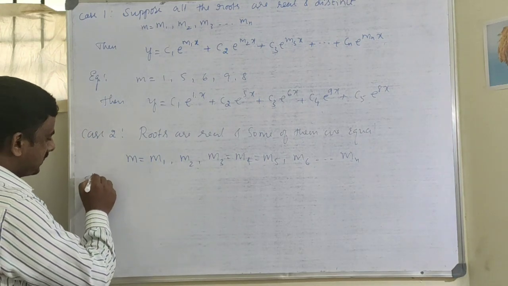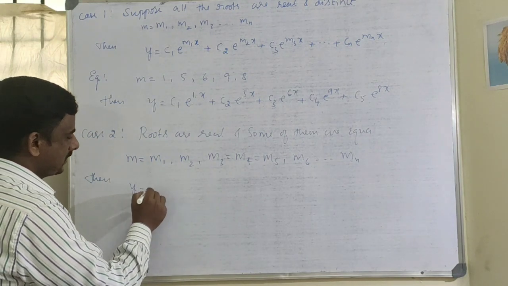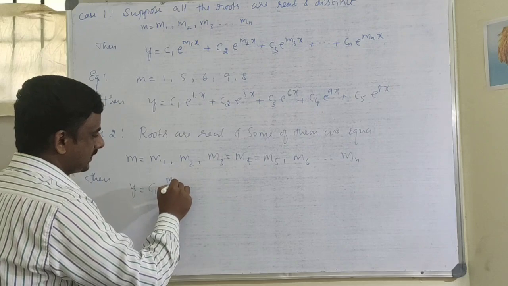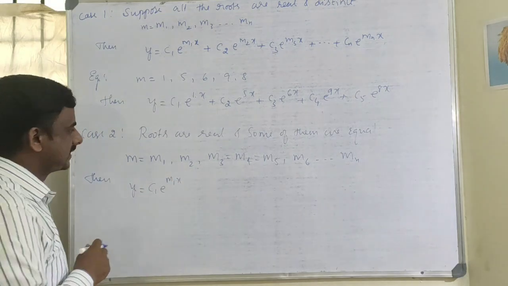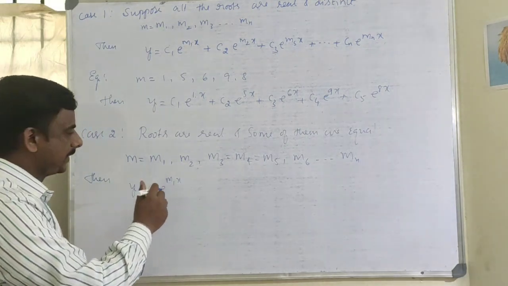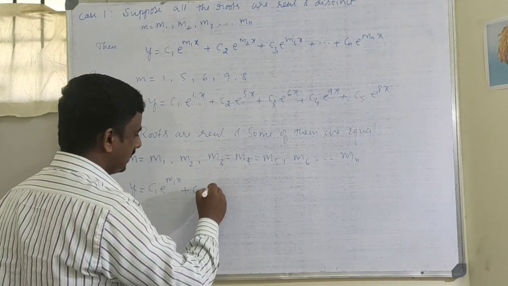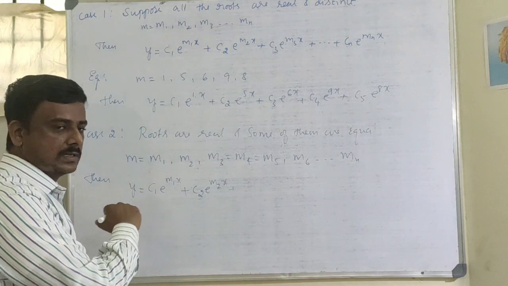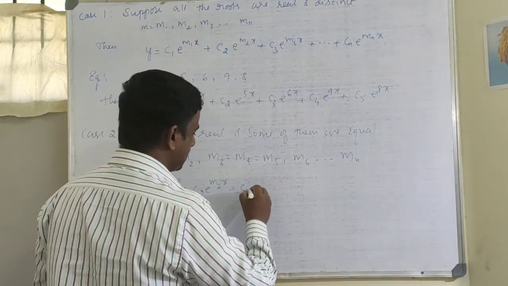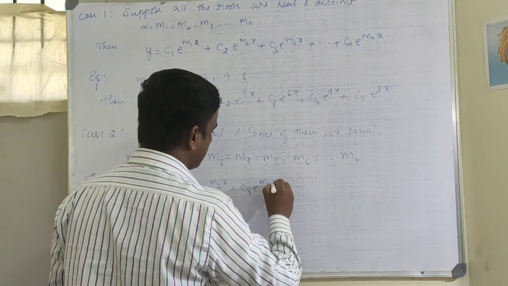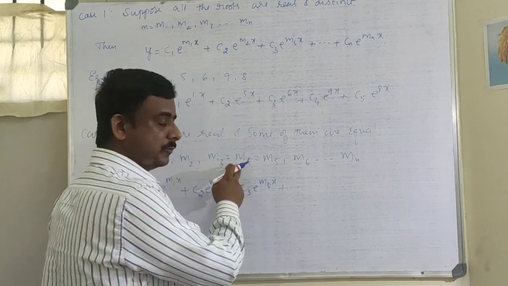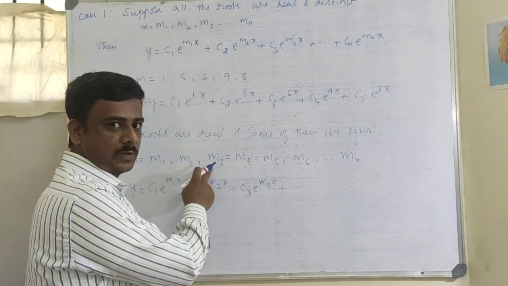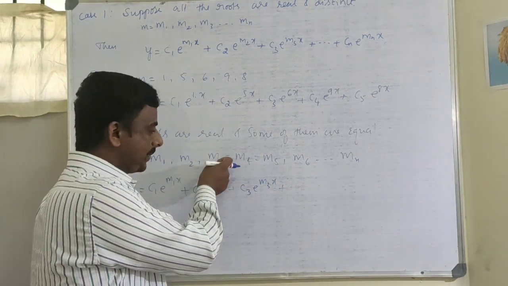In that case, y equal to c1 e^(m1 x). The first one we write as it is. m2 is distinct from m1, so c2 e^(m2 x), plus m3 again distinct from m2, c3 e^(m3 x), plus m4, which is the same as the previous one. So m4 is the repetition of m3.